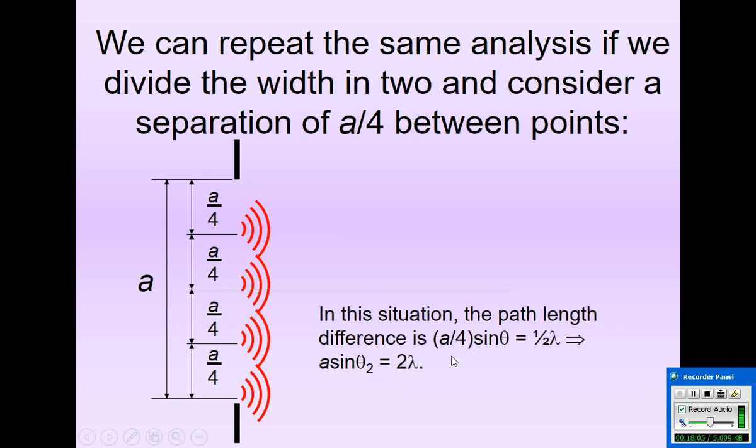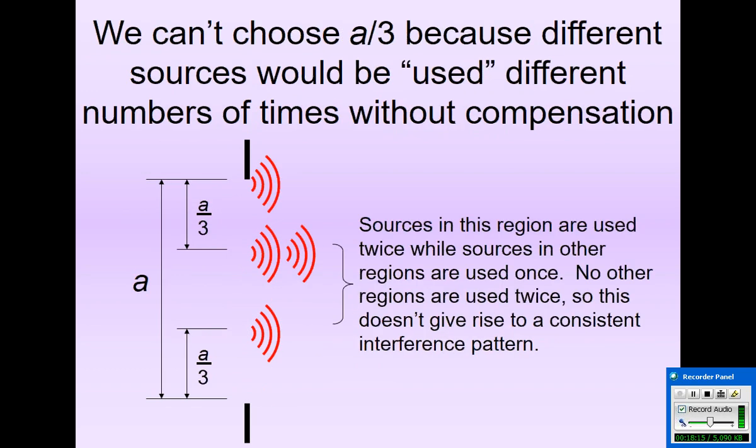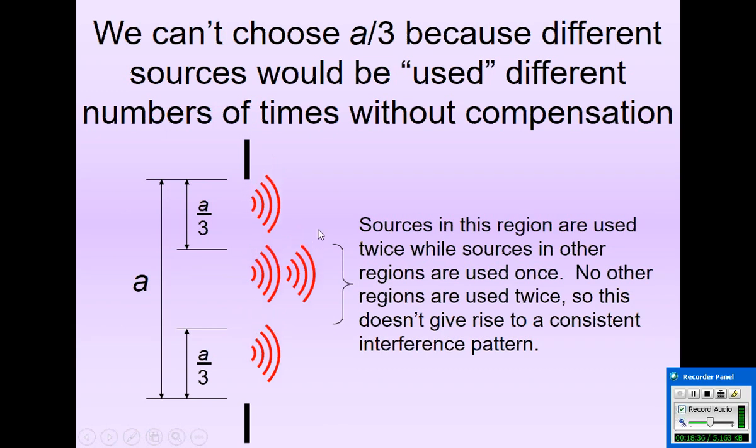So we've divided the slit width by 2, and we've divided the slit width by 4. Can we divide it by 3? And the answer is no. If I divide it by 3 and then try to look at interference between pairs, I can look at interference between a source in the top third and a source in the middle third, but then I would have to look at a source between the middle third and a source in the bottom third, and the sources in the middle third get used twice, and that's not legitimate.